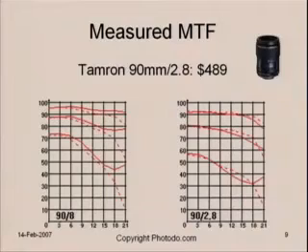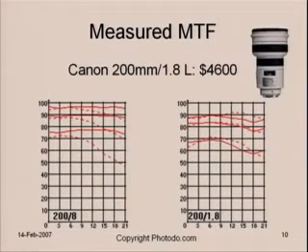So the thing that I wanted to show between this slide and the next slide is that this is a $500 lens, and this is a $4,600 lens. This is the sharpest lens that the guy who did all this testing has ever tested. It's the Canon 200 millimeter 1.8L.